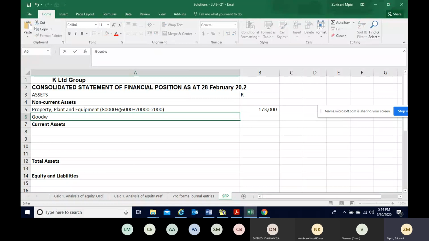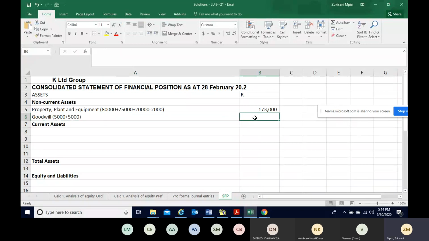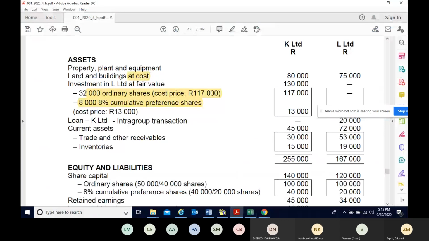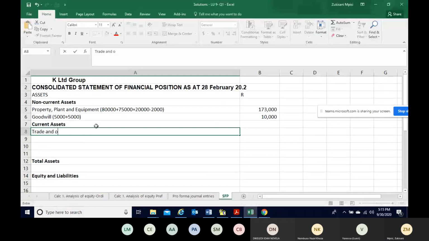Then you have your goodwill. Please remember that goodwill: we've got 5,000 from ordinary shares plus 5,000 from preference shares, and we've got 10,000 goodwill. Current assets: we've got other receivables.